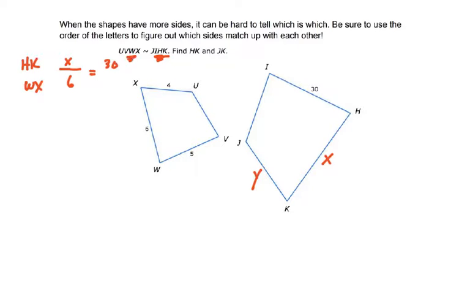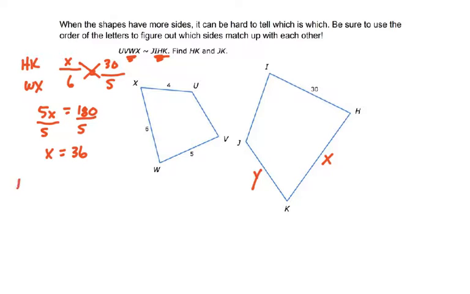So we must match up with VW, which in this case is 5. So now we have a proportion to solve. We will cross multiply. 5 times x equals 6 times 30, which is 180. And then we will divide by 5. X equals 36.